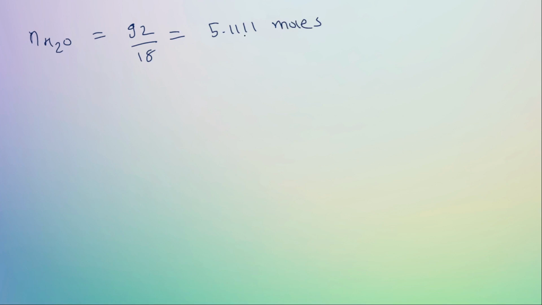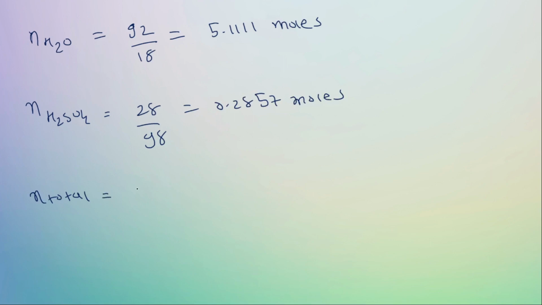Here I am writing 4 numbers after the point to get the exact number. nH2SO4 will be equal to 28 upon 98, 0.2857 moles. So total mole will be equal to 0.2857 plus 5.1111, it is approximately 5.4 moles.